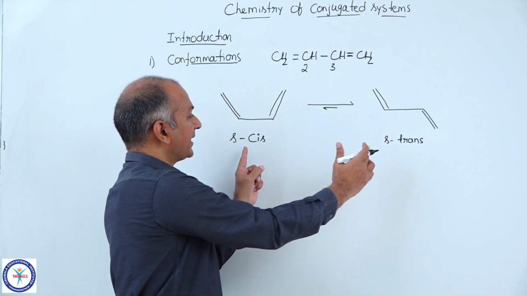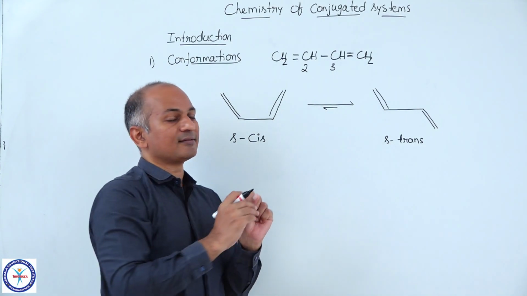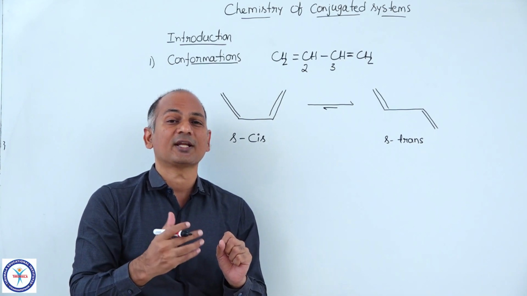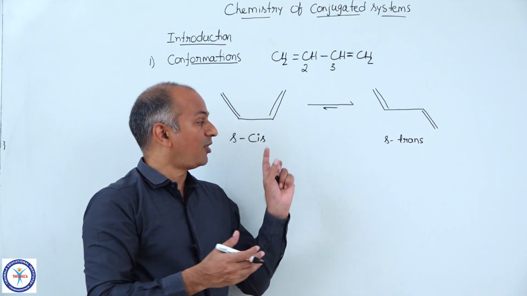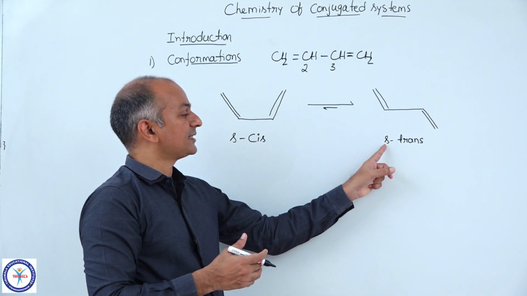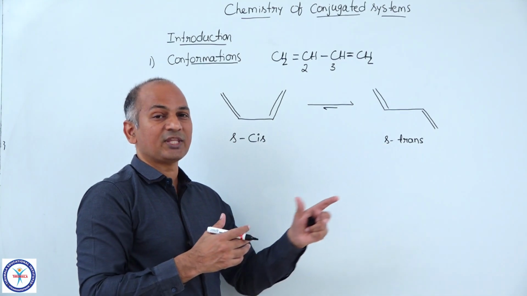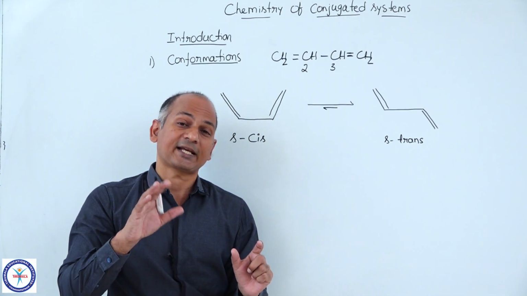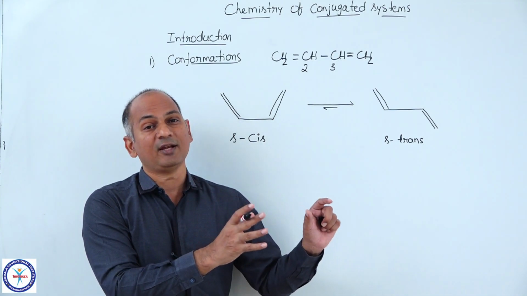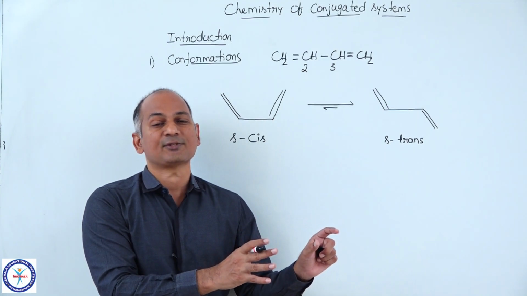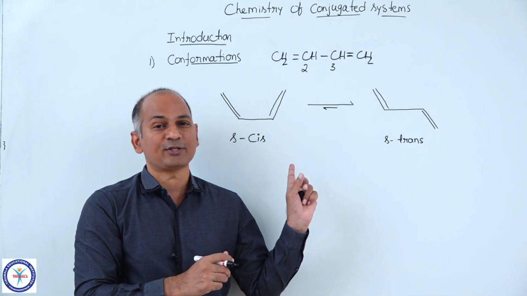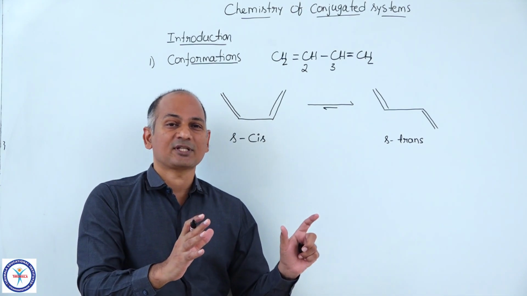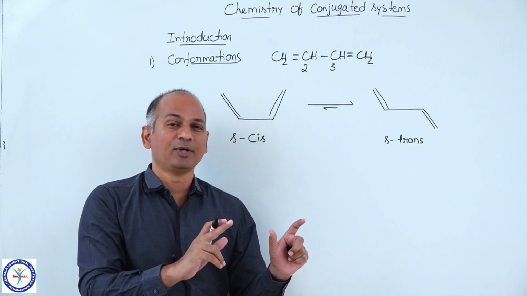So the so-called s-cis and s-trans conformations arise due to free rotation around the single bond, and the small s stands for single bond. That means something happening across the single bond, not across the double bond. When it happens across the double bond, they become true cis-trans isomers. But these are not true isomers. These are not isomers at all. They are just conformations, mutually interconvertible at room temperature.